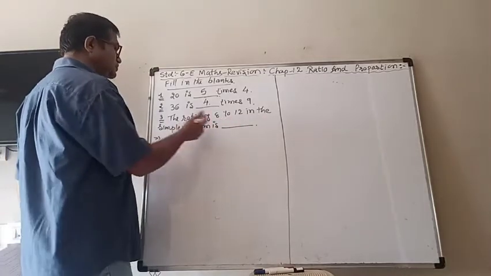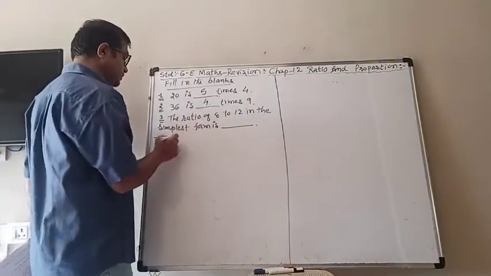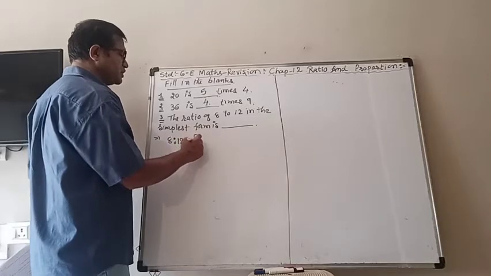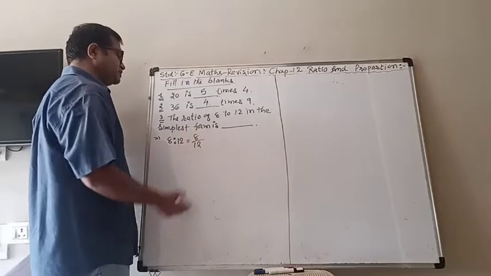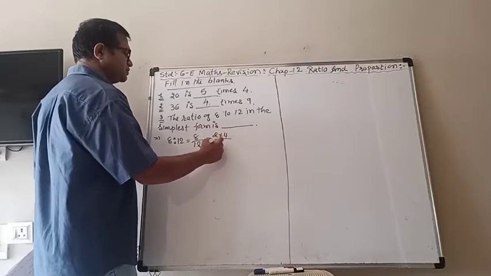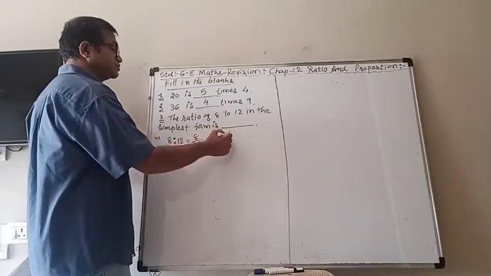So now we will show the method here. 8 to 12 means 8 is to 12, which we write down as 8 upon 12. 2 4s are 8, 3 4s are 12.